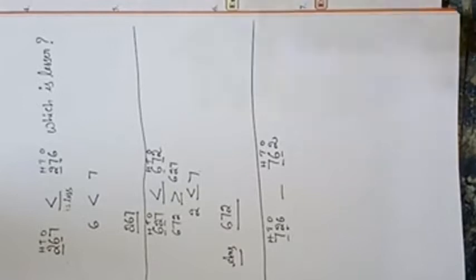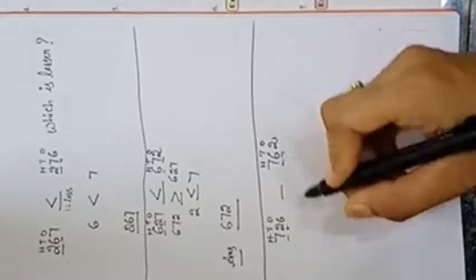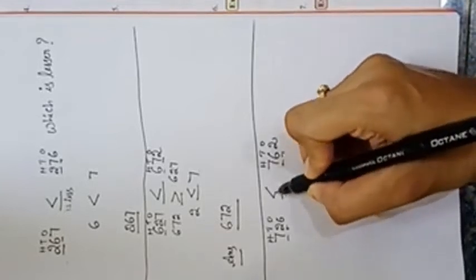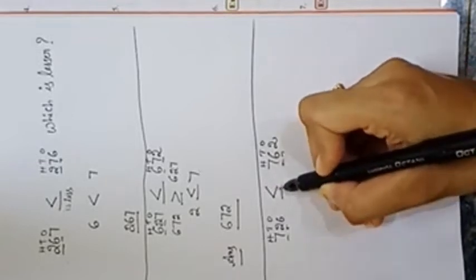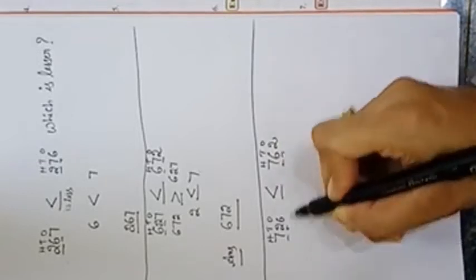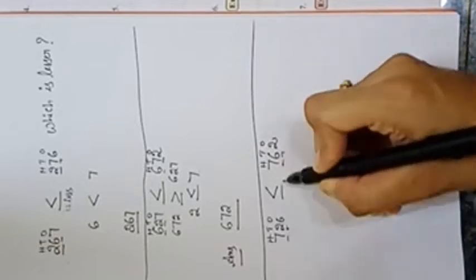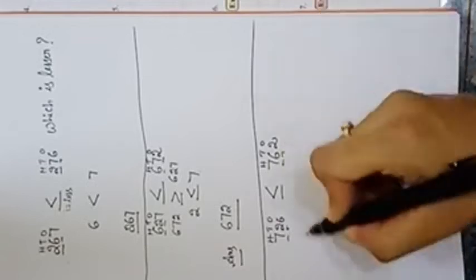Yes, correct. You'll say, teacher, 6 is the bigger number. So the mouth of the crocodile wants to eat the bigger number. 6 is on this side, so the mouth of the crocodile will open towards the bigger number. So you can say 726 is smaller than 762. He's asking which is lesser.